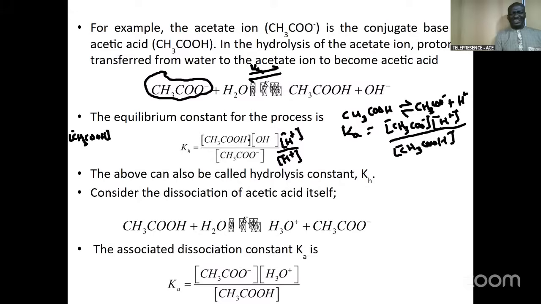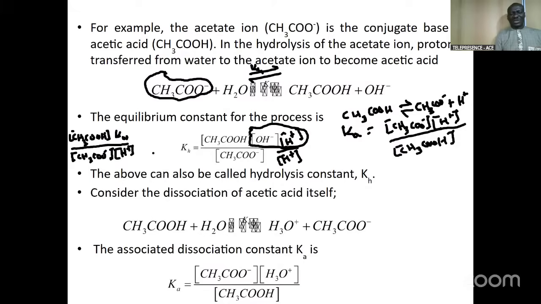Now, OH times H plus, I'm sure you remember that, is KW over CH3COO minus H plus. What I've done here is what we've combined to give us KW.